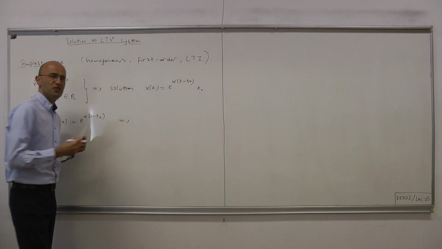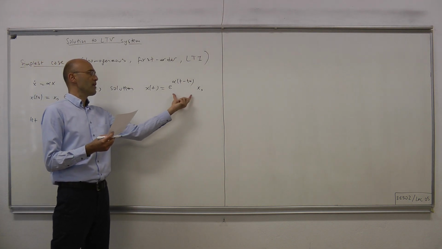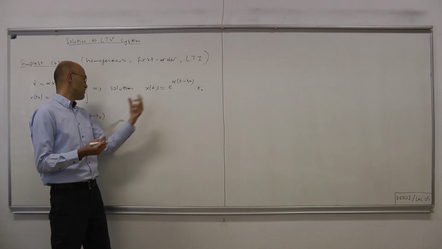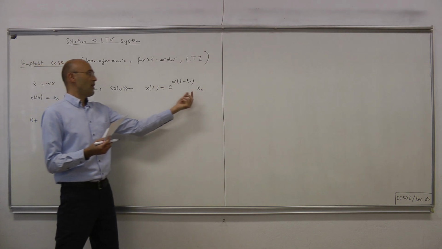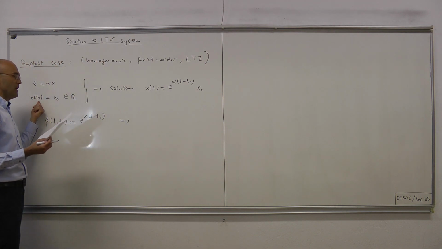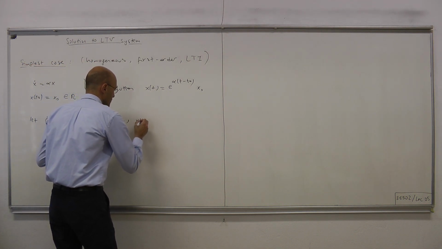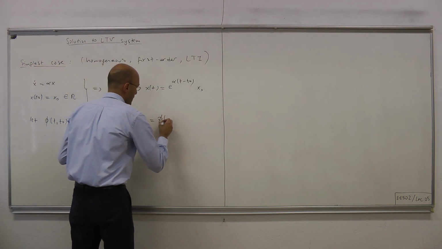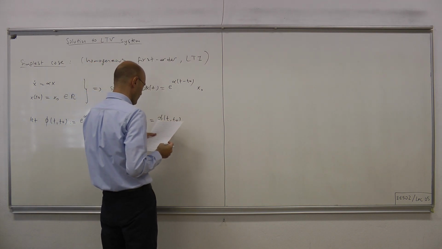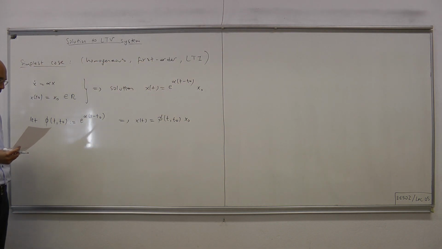Then, with this new notation, we can write the solution as x of t equals that function phi, which is a function of t and t0, times x0, where x0 indicates the initial condition, initial time being t0. So we can write x of t equals phi of t, t0 times x of t0.